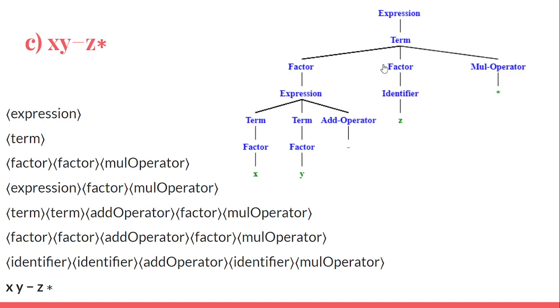Now we want z and star. So we have our factor and multiply operator from before. This factor will be replaced by identifier, and identifier will be replaced with z. And the last multiply operator non-terminal will be replaced with multiply. So we get this string. So it is a valid postfix string, as we have generated it from our grammar.